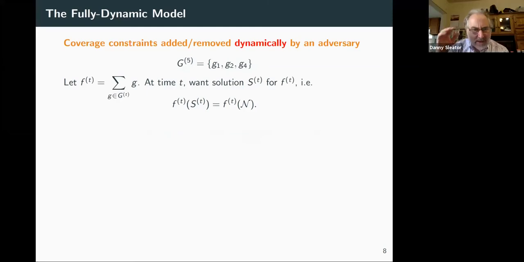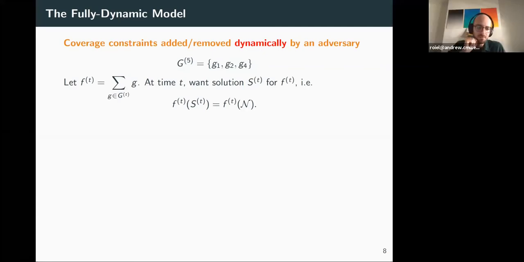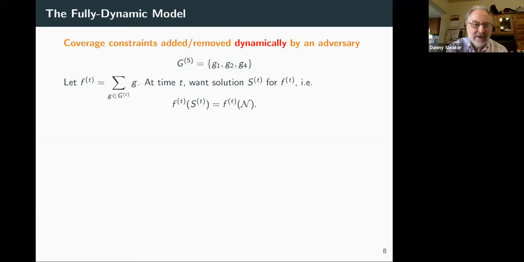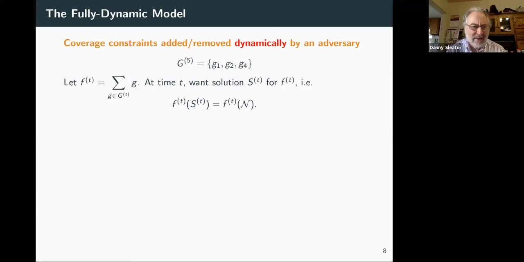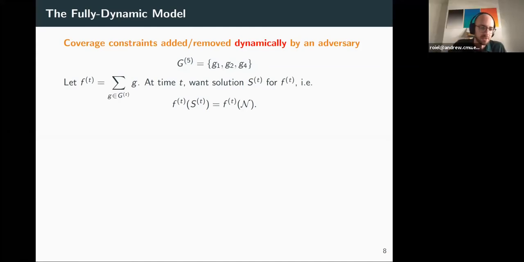But I still don't understand, you're passing some arguments into those functions. Isn't that the set of sites being considered at time t? That's right. But then you're passing the same set into all the functions. They're not independent anymore. That's right, but they're all monotone, so you only do better by adding stuff. Yeah. So it'll be clear in the example in a moment. I hope. And if not, ask me again.